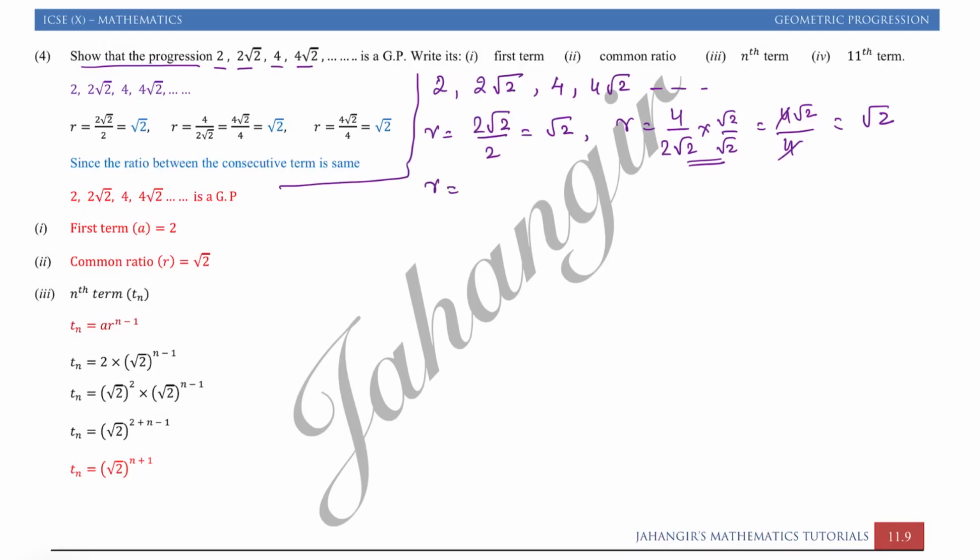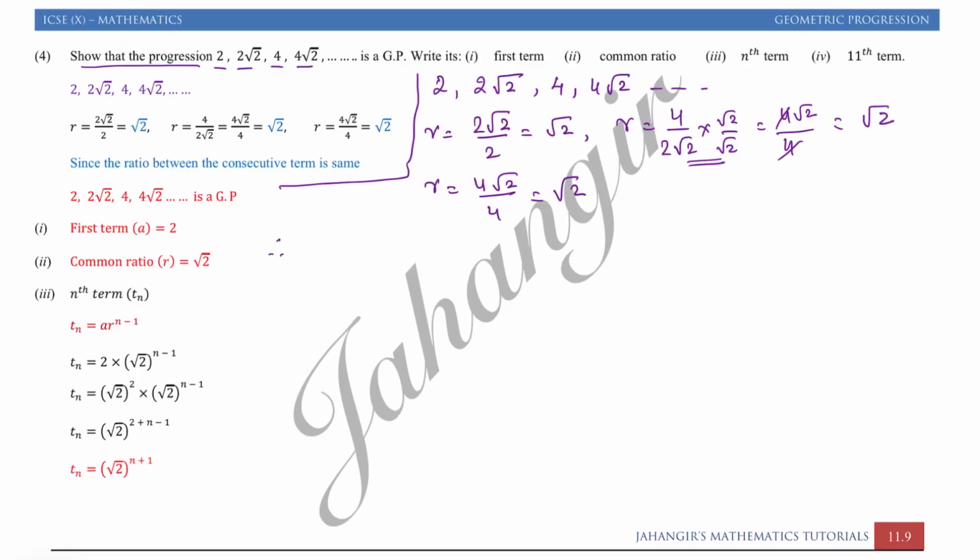Third one, again r is equal to fourth term upon third term. 4 root 2 upon 4, that is equal to root 2. Hope this is clear. Root 2, root 2 and root 2. In each case you are getting root 2.